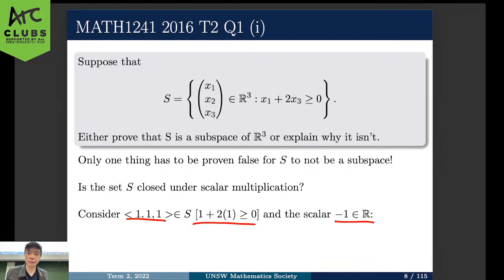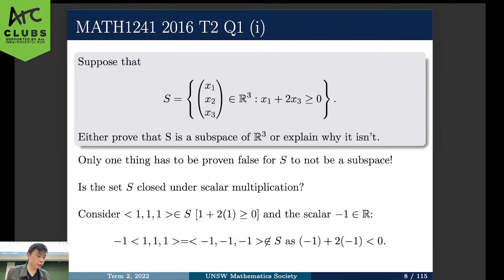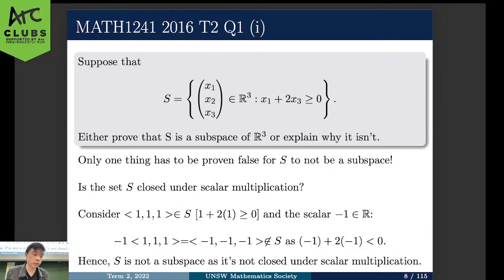Generally, if it doesn't work, a scalar that it won't work for would be like -1 or a negative scalar, and then you just multiply it, right? So if we multiply it, we get -1, -1, -1, and we know that it doesn't work because the condition does not hold true for this vector. And hence, we can say that S is not a subspace as it's not closed under scalar multiplication.